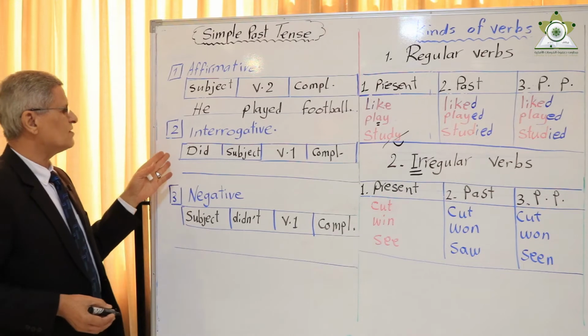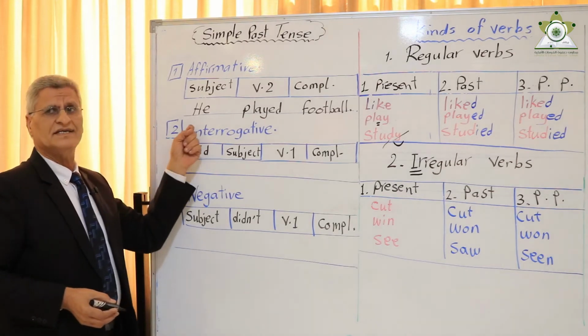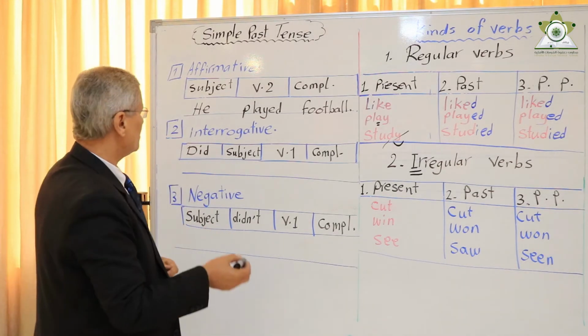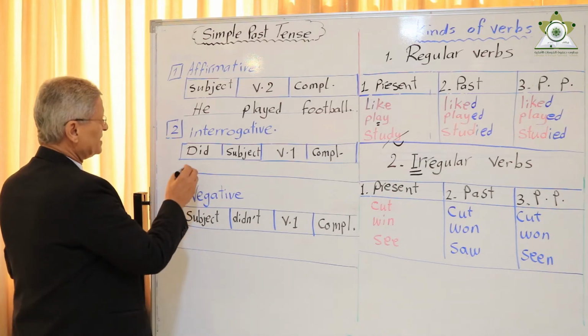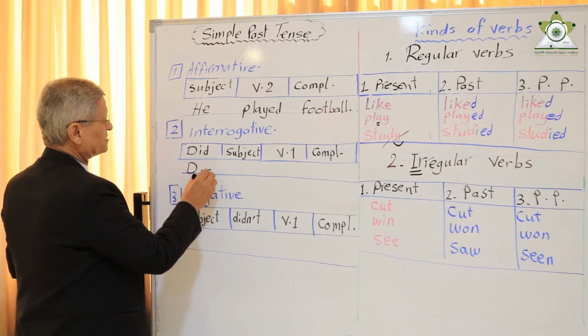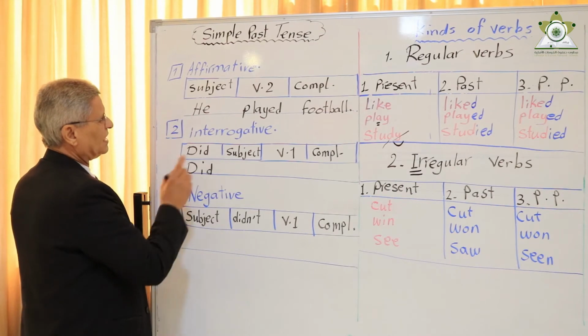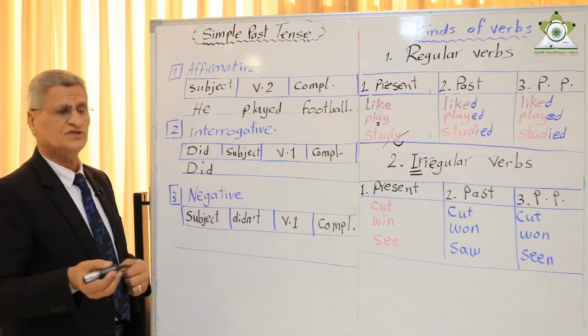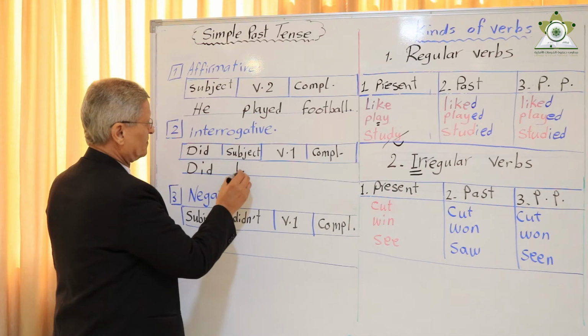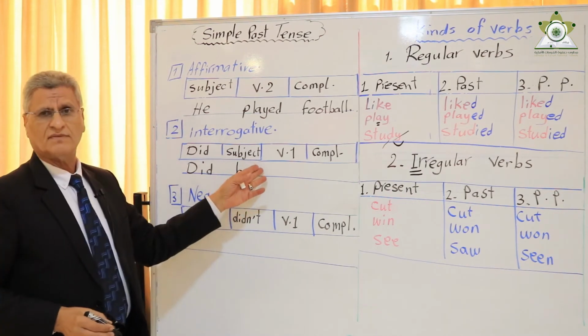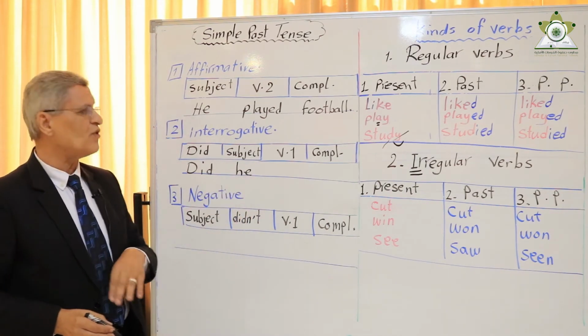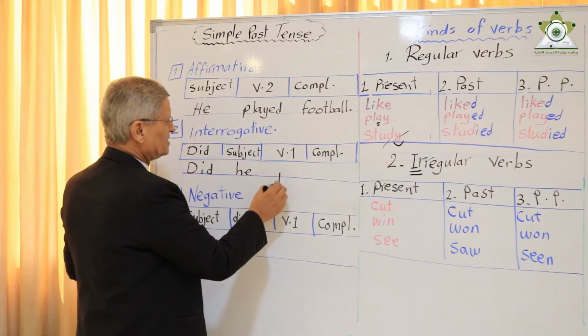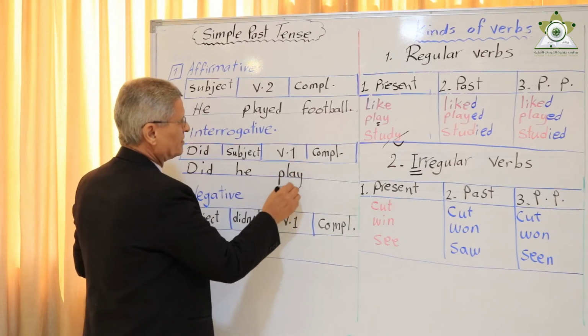And the interrogative means yes, no question. We should start with did in the past, did. And then comes the subject, did he. What about the verb? The verb should be verb 1. Did he play football?